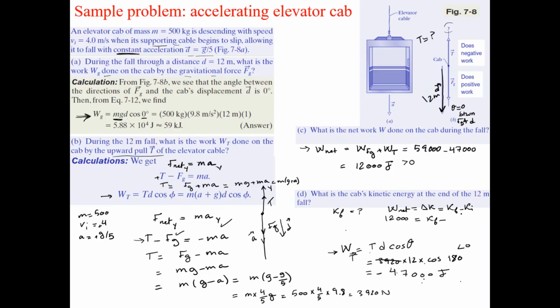The cab did not descend from rest. In fact, V initial is 4 meters per second. So I'll plug this in as half times the mass of the cab, which is 500, and V initial is 4. Remember, it was given to us here in the problem. So be careful, plug this in, and the rest is just calculation. I'll find K final. This is going to be equal to 15,800 joules.